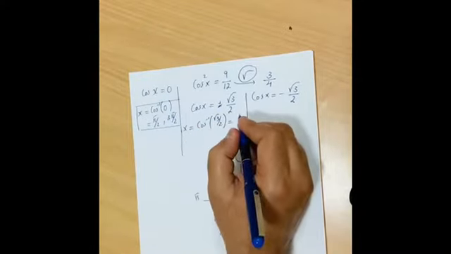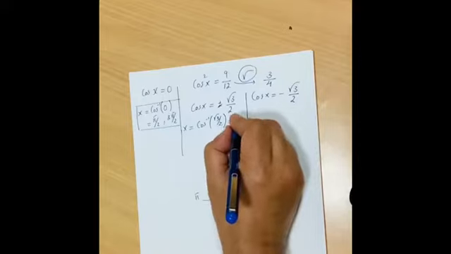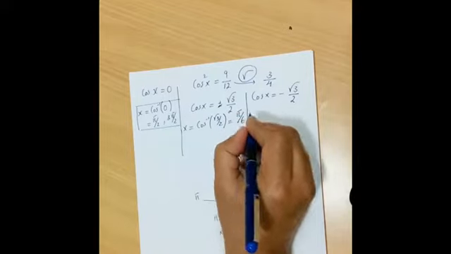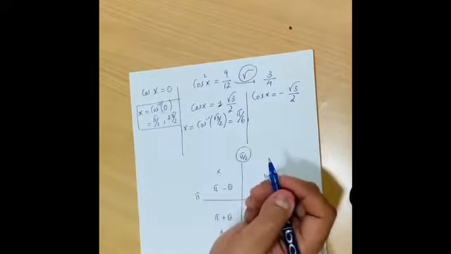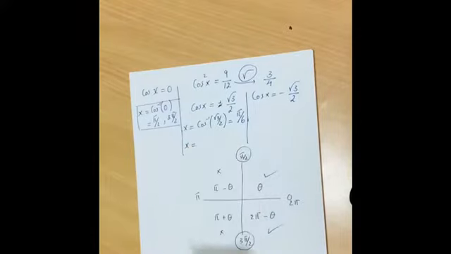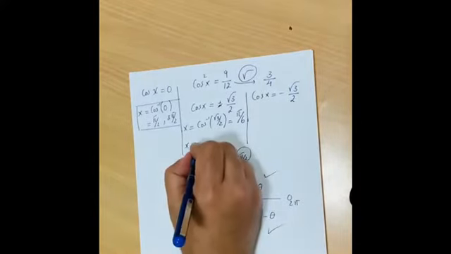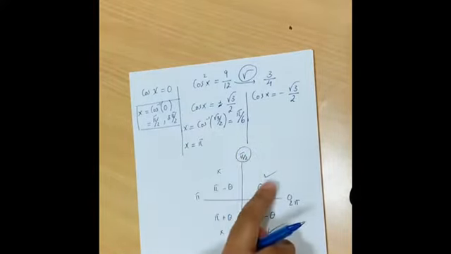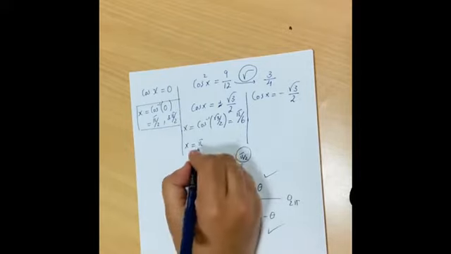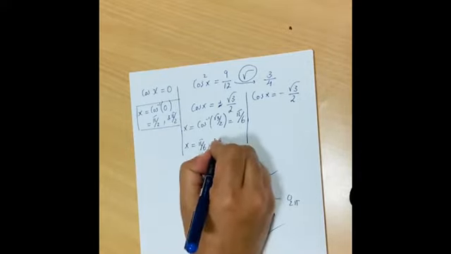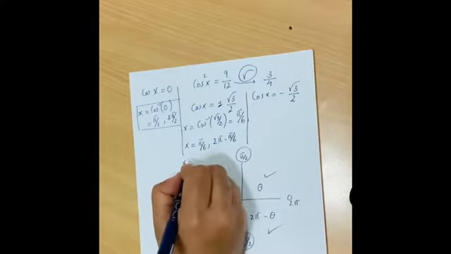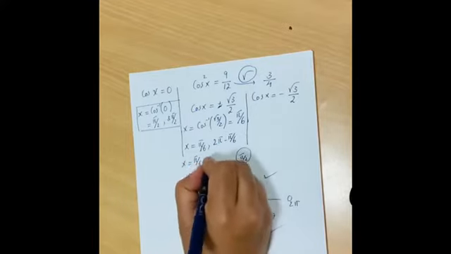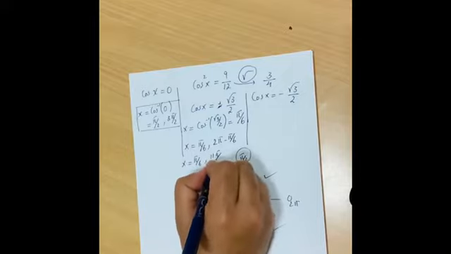Inverse cosine of root 3 over 2 is equal to 30 degrees, which is pi over 6. Then, based on the given range, cosine positive in the first and fourth, so pi over 6 and 2 pi minus pi over 6. So the angles are pi over 6 and 11 pi over 6.